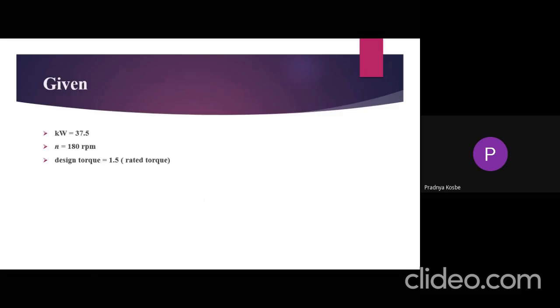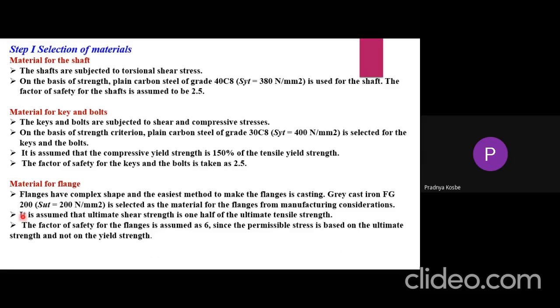So while designing anything, first we have to select the material for each and every component of the assembly of that machine component. So step 1 of any design is selection of materials.